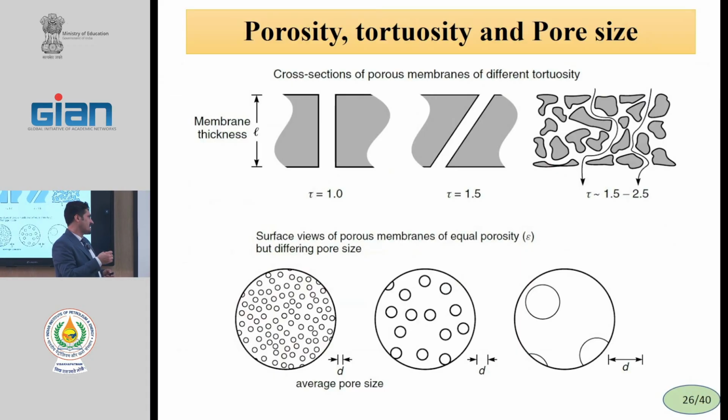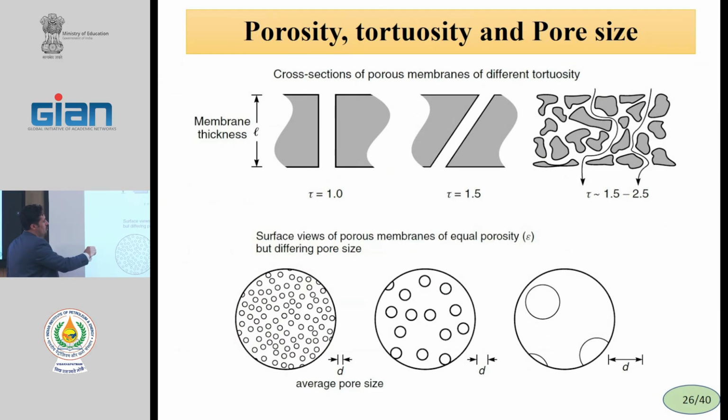Many researchers say that with an increase of pore size, porosity increases. It is not true. You see in this schematic, they have equal porosity. Porosity means the area of pores relative to the whole area of the membrane. And in the 3 images, we have an equal porosity, but the pore sizes are different.